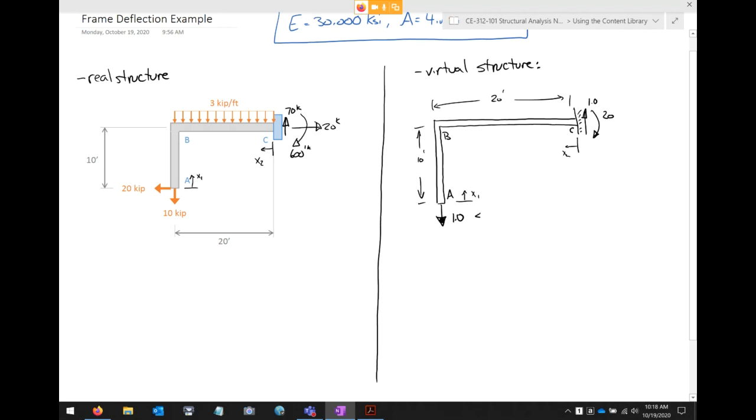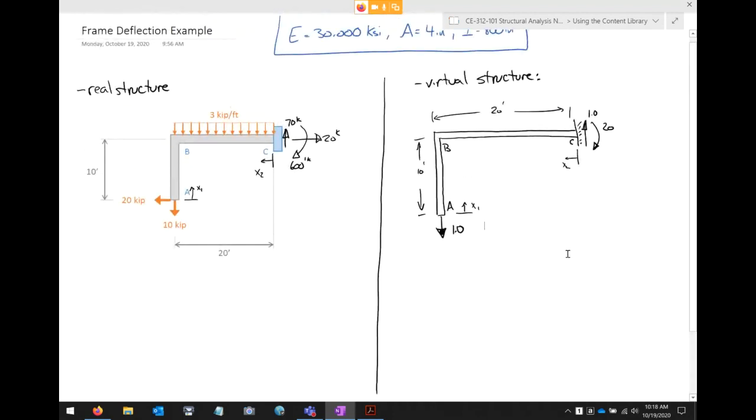So you're saying that the sign convention has to be the same for the relevant cut in the virtual structure, but not necessarily if we needed to make two cuts on that beam with the distributed load on it, then the axes and the conventions would not need to be the same, as long as I'm still maintaining uniformity through each cut, virtual and real. As long as your sign convention is consistent with both the real structure and the virtual structure, that's all that matters.